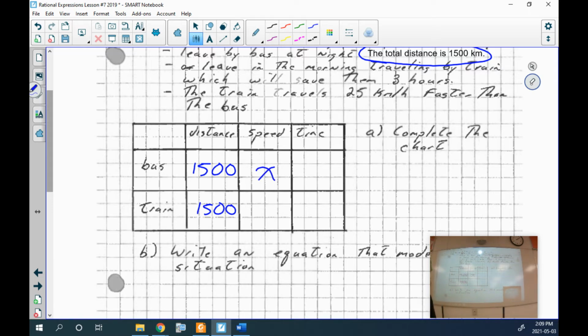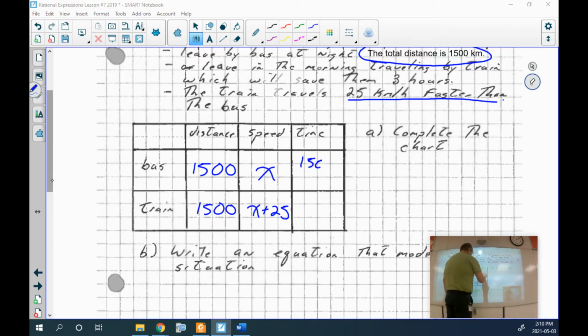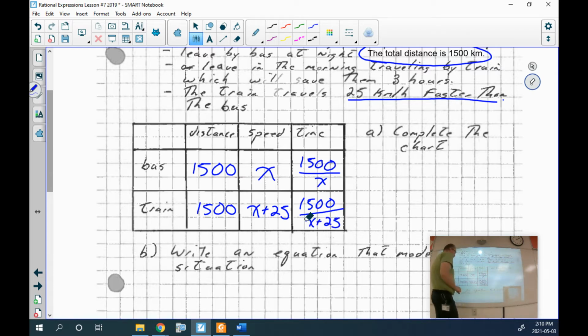If the train travels 25 kilometers per hour faster, then the speed of the train will be the speed of the bus plus 25. So the time it takes them to get there by bus is 1,500 over x. The time it takes them to get there by train is 1,500 over x plus 25. Okay? So this is interpreting what the information in the question states.